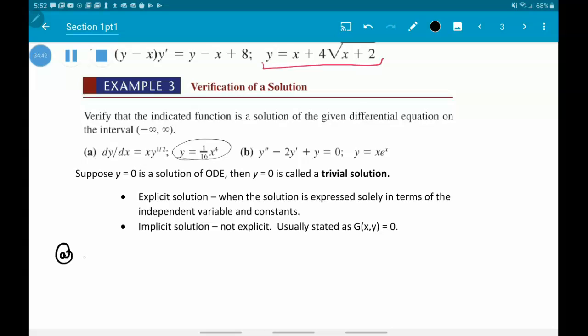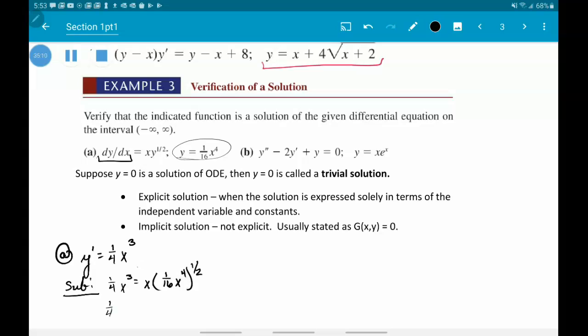In part A, that first derivative is going to be 4 over 16, which is 1/4 x cubed. We're going to make our substitution. So our first derivative, 1/4 x cubed, is equal to x times y, which is 1 over 16 x to the 4th, to the 1/2.